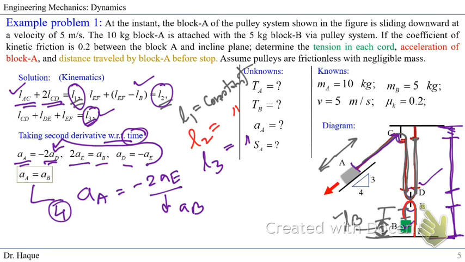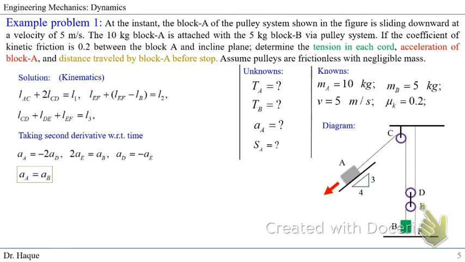So previously we saw we had 4 unknowns, TA, TB, AA, and AB, and now we have 4 equations: 1, 2, 3, and this is the fourth equation. Solving these 4 equations, we get tension TA is 47.1, and we also found in the previous slide that TA equals TB, so that solves our second problem.